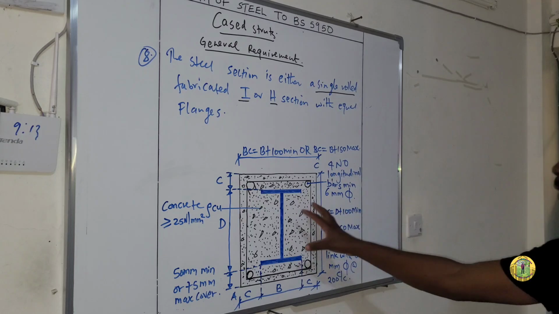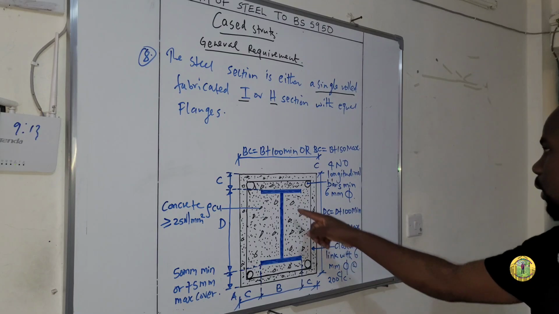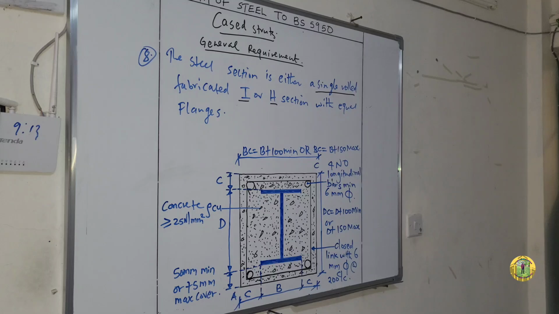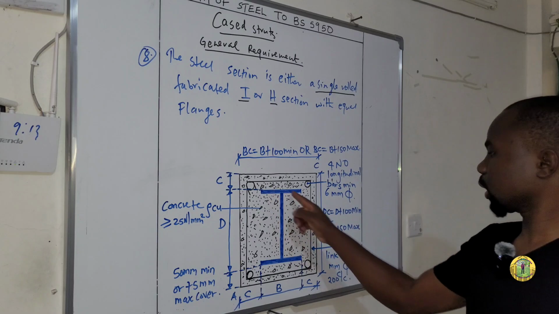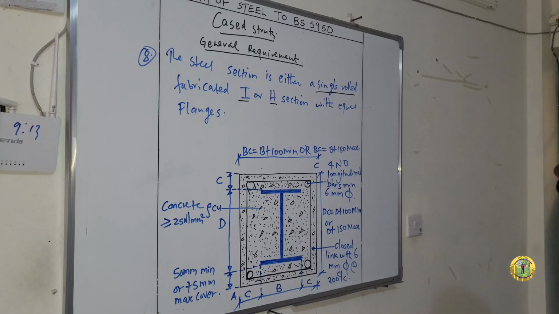So this is the diagram, with an I column inside this cased column. As you can see, the flanges are of equal length. This is the flange, and also this is the flange.